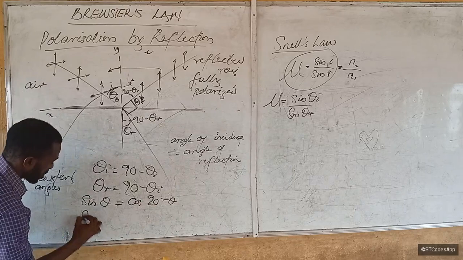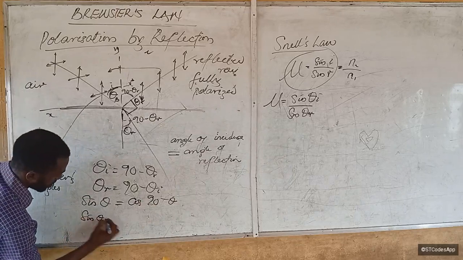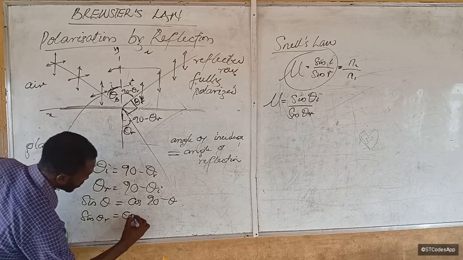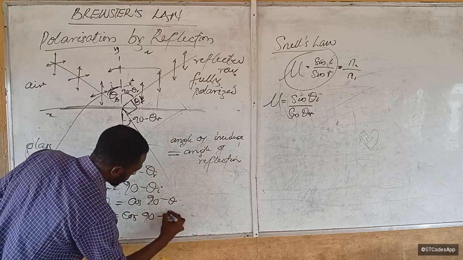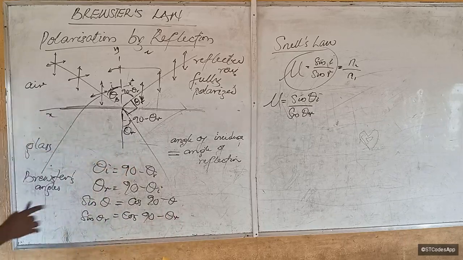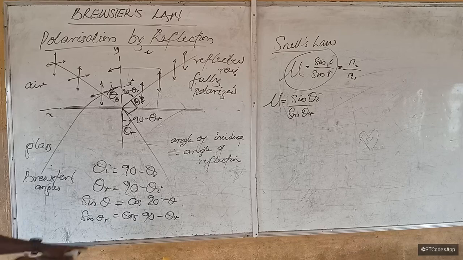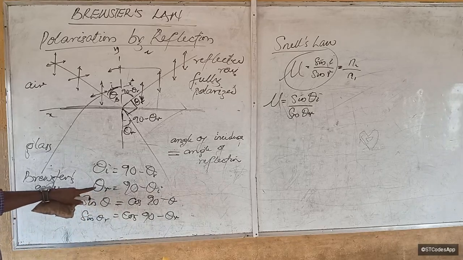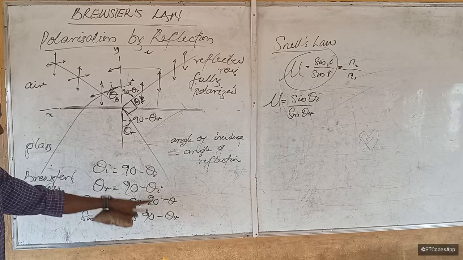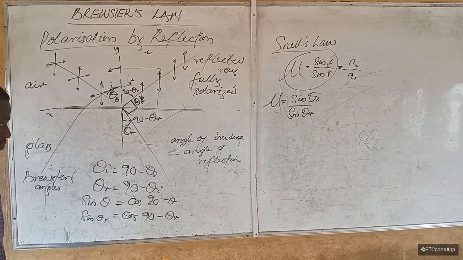So if I have sine of theta r here, it means it to be cos 90 minus theta r. Is this clear? Then already we know that theta r is 90 minus theta I, right?